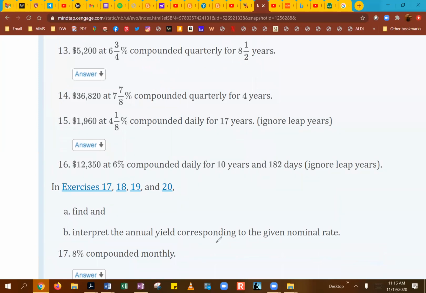With number 14, we've got our loan amount, our interest, compounding period, and for how long. And for number 16, again, you've got your loan amount, the rate of interest, your compounding period, and this is for 10 years and 182 days. So let's see what happens in that case.